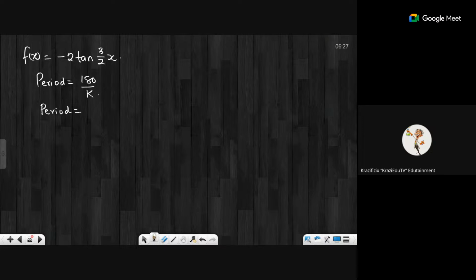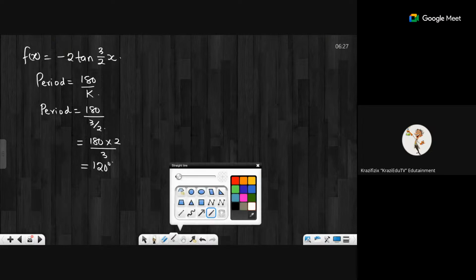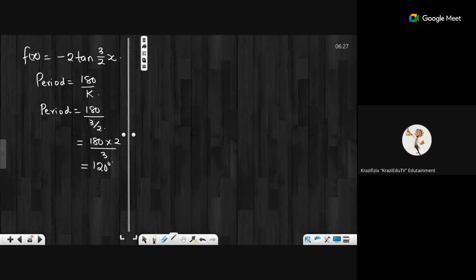My k is actually 3 over 2. Calculator. I think this should be 180 times 2 over 3, which is 120 degrees. So, guys, those formulas that I gave you are key. They are very key.